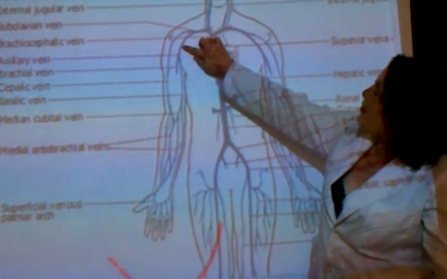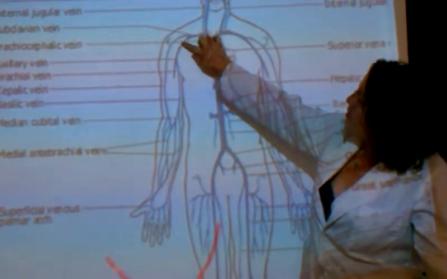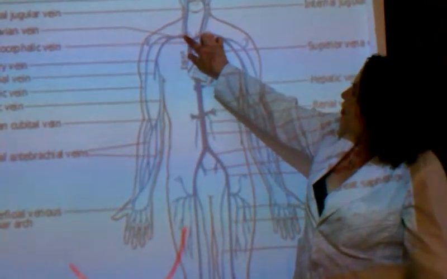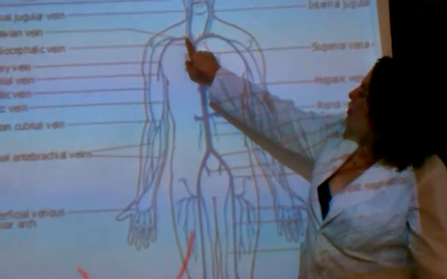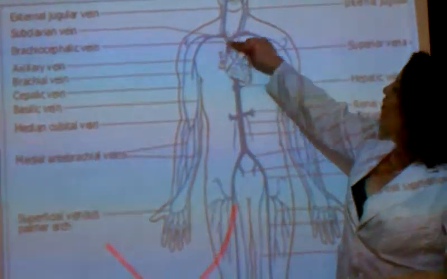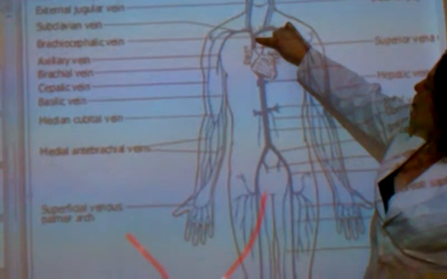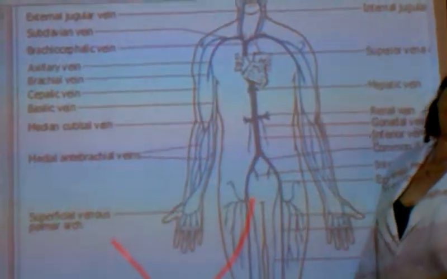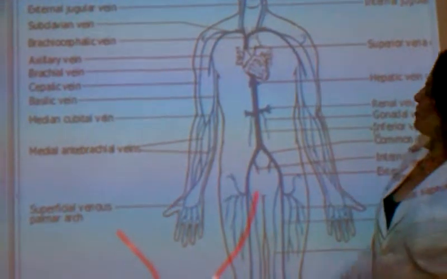Those come together. Basilic will come together as the axillary and then subclavian. Okay, the subclavian will then join the right brachiocephalic vein, and that will drain into the superior vena cava and then into the right atrium. Okay. All right. So that's our arm.